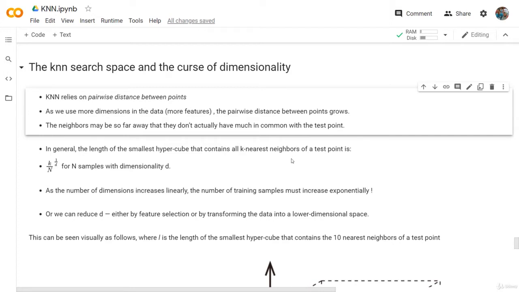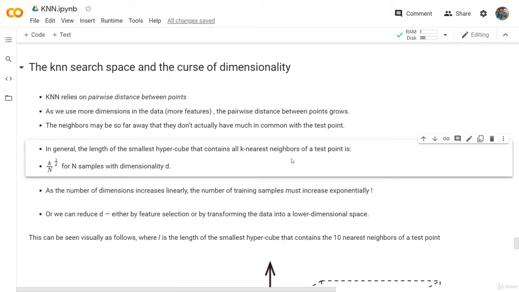In general, the length of the smallest hypercube that contains all k nearest neighbors of a test point is (k/n)^(1/d) for n samples with dimensionality d. You don't really need to understand where this equation came from, because there is a lot of mathematics behind it, but we need to understand the intuition.